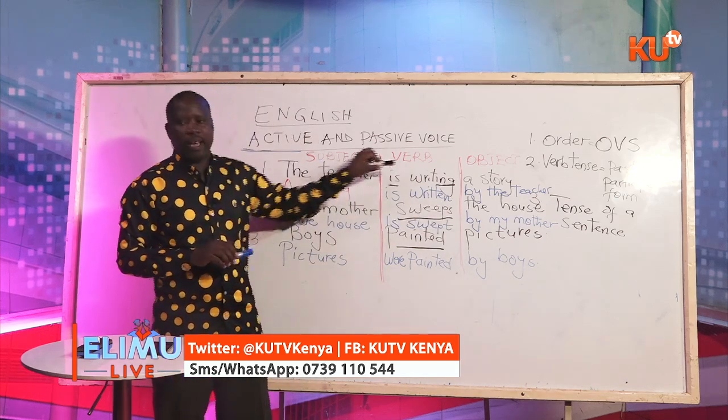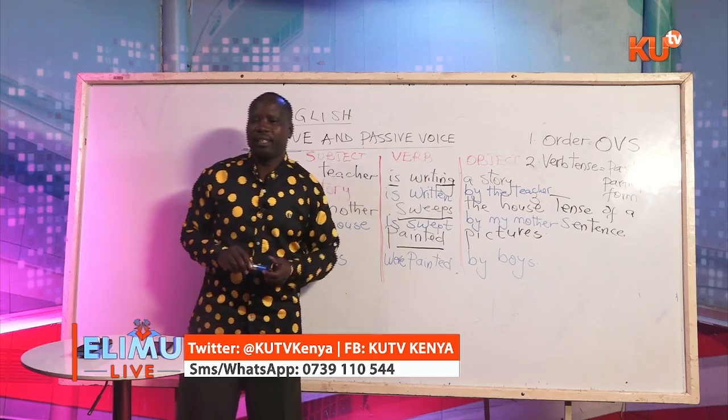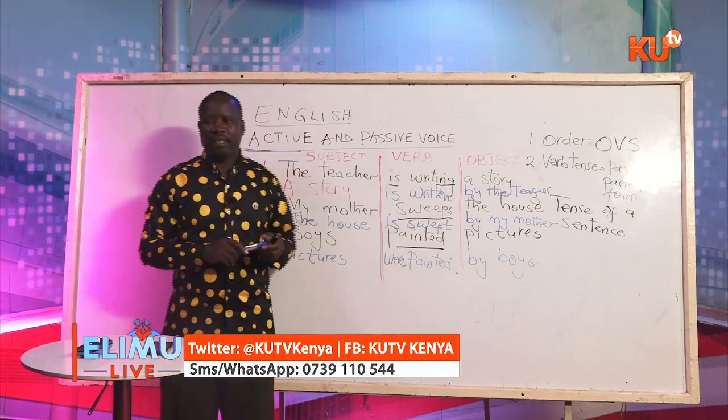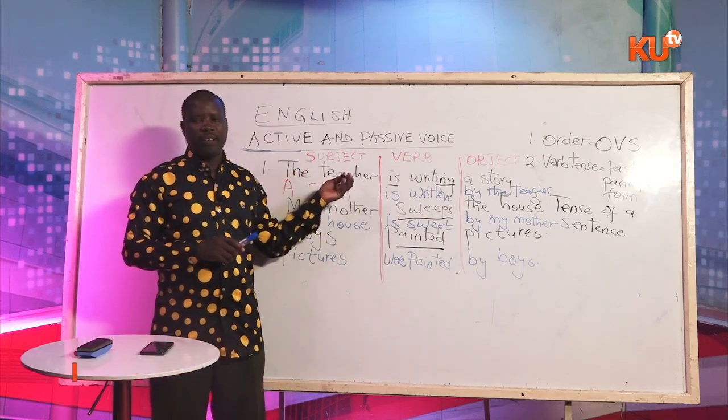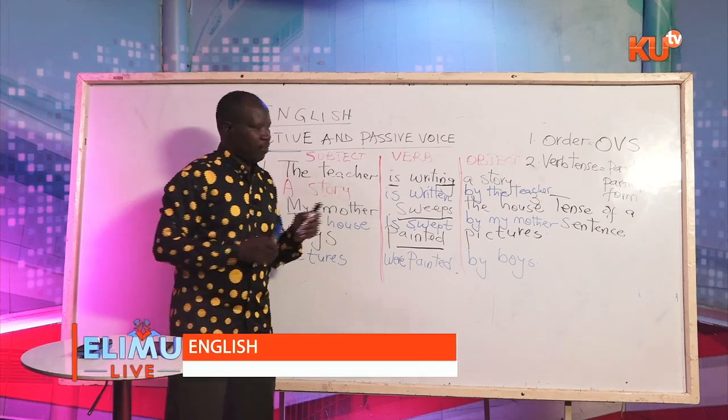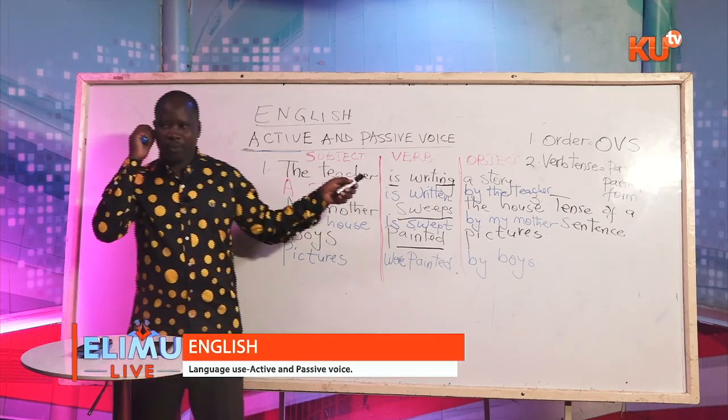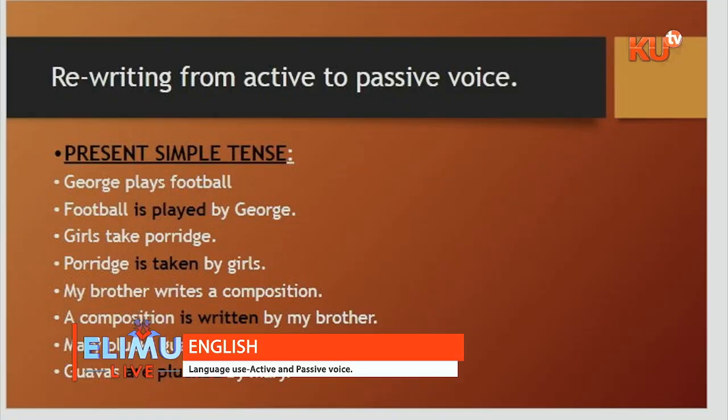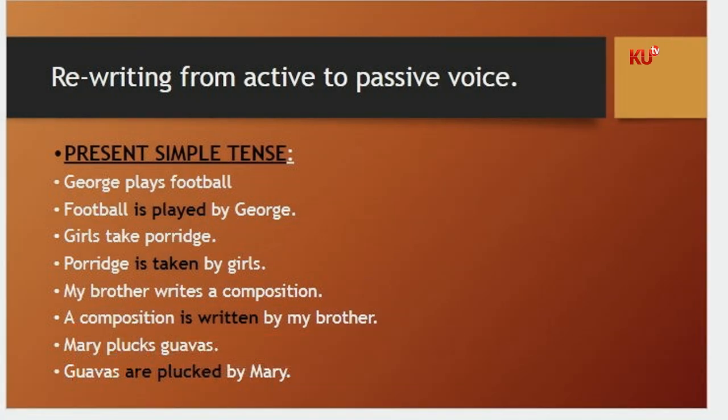So let's have more examples of sentences on our screens that show the way we change from active to passive voice, apart from this, so that we have more examples. Good, so we can see the first one, it is written in present simple tense. We now want to change those sentences.